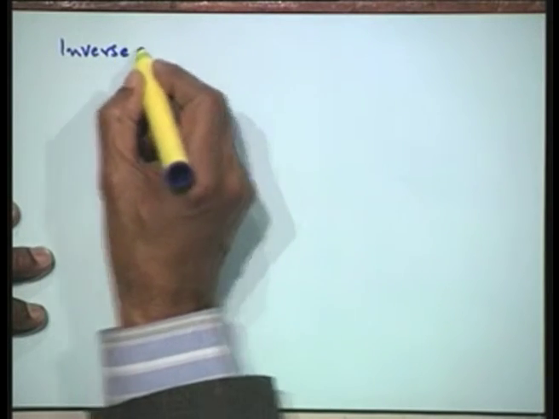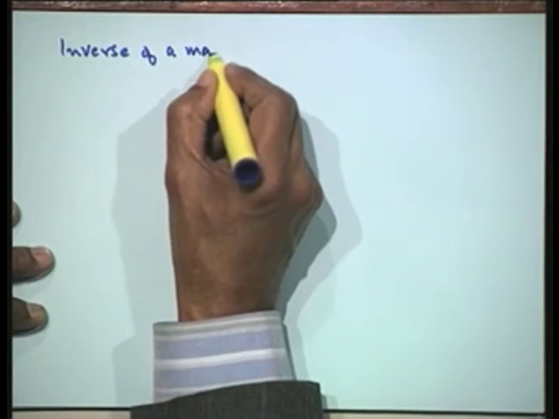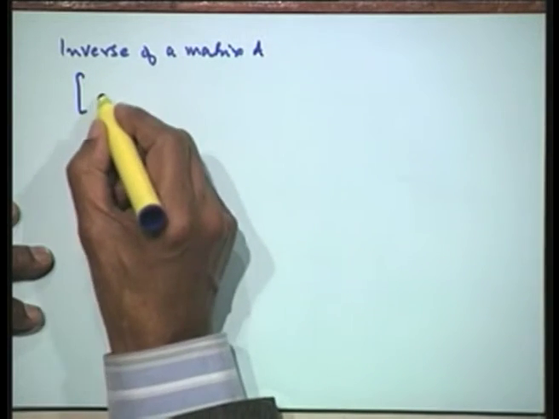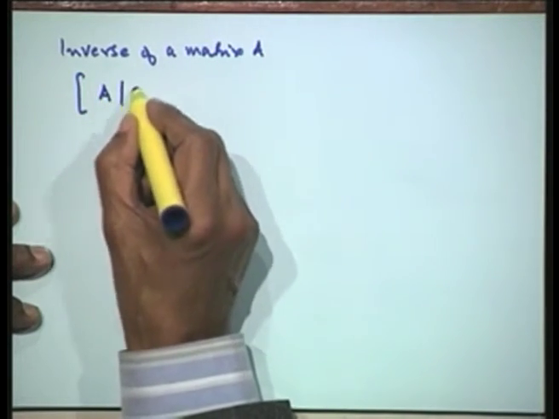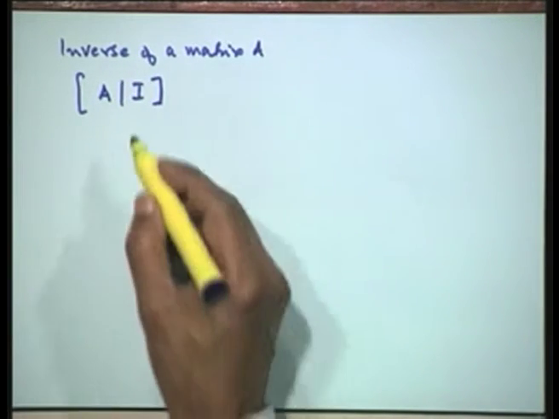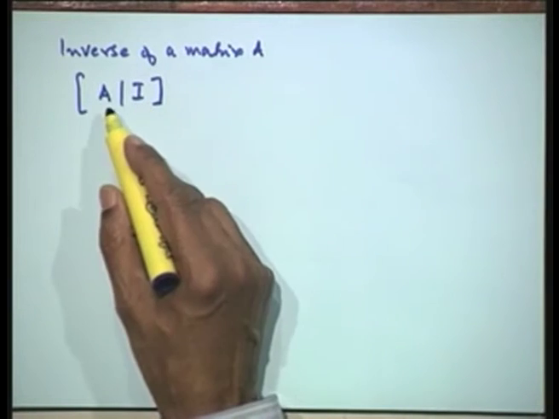The simple thing that we do here is, I start with the augmented matrix A and I. I will start with the matrix A, augmented with the identity matrix of the same order.